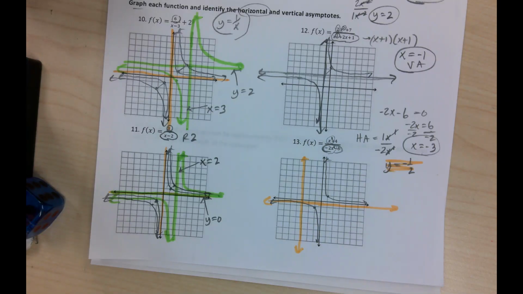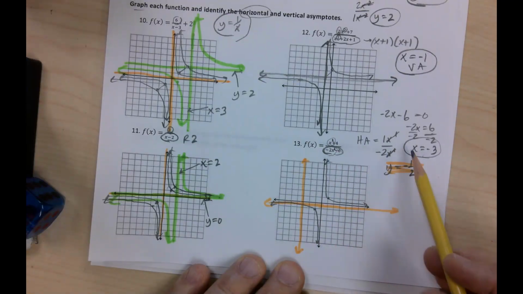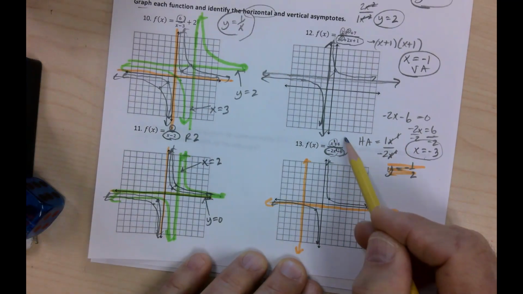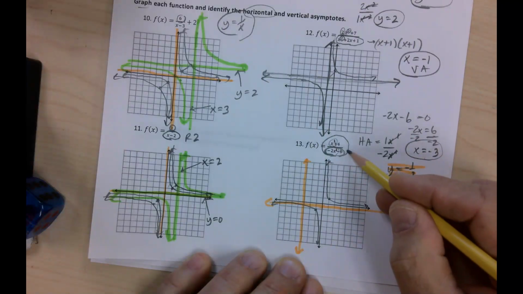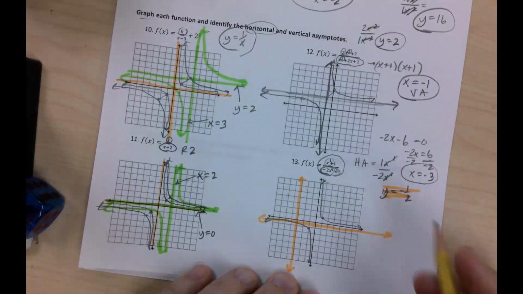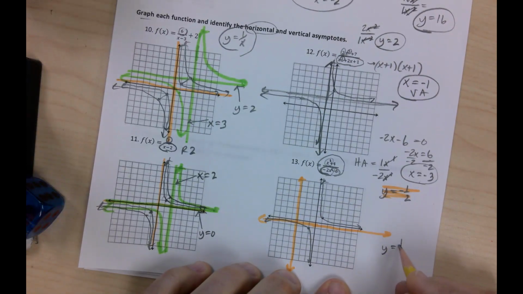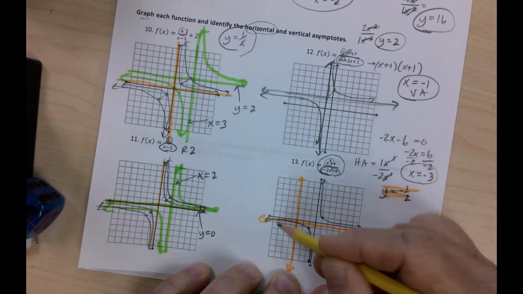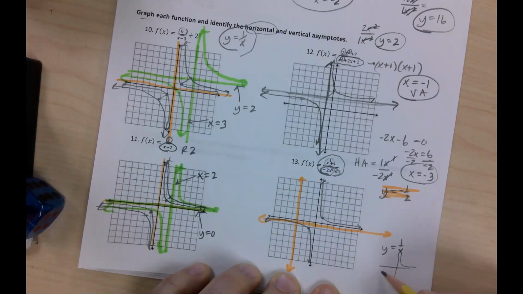Now, I just wanted to focus on something here. Remember, if I have y equals 1 over x, that would look like this and like this. I'll just draw it right in here.